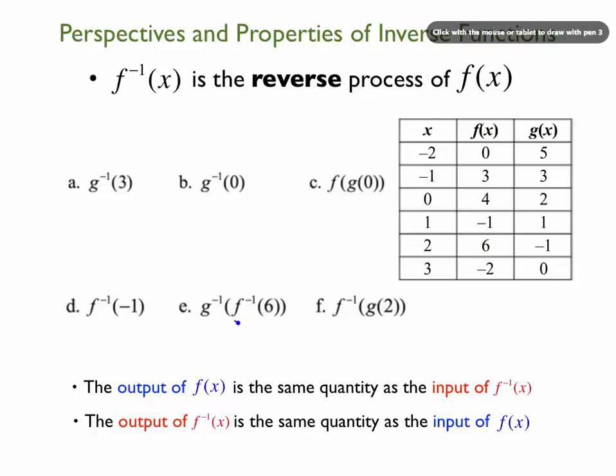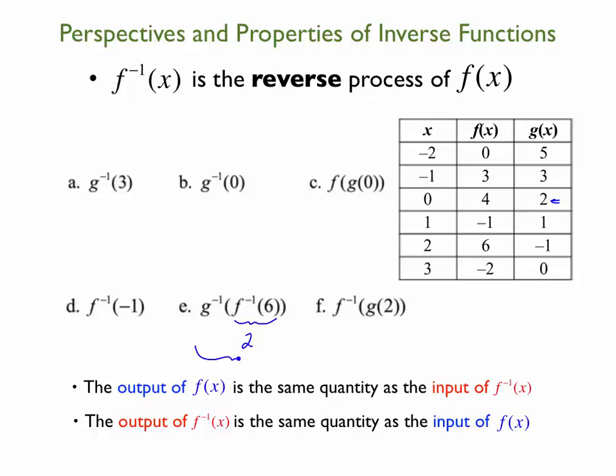And so this whole thing is what related to F? The input when the output is 6. So we go to 2. Now we have G inverse of 2. And what's the 2 related to G? The output of G. So I'm going to look here.